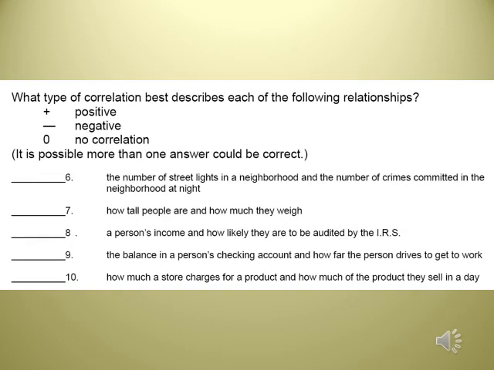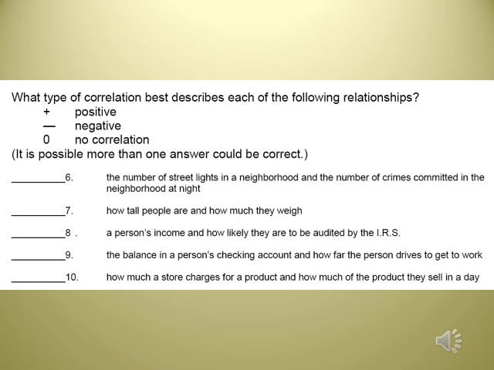Continue over on the next page, number 6, it talks about the number of streetlights in a neighborhood and the number of crimes committed in that neighborhood at night. Years and years ago, when I was a student at UNI, I was part of the student government there, and one of the things that I am proudest of that we did is we were able to increase lighting on the UNI campus, and we did that by showing exactly this relationship that if you have more streetlights, there's fewer crimes.